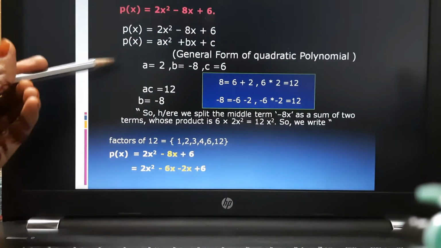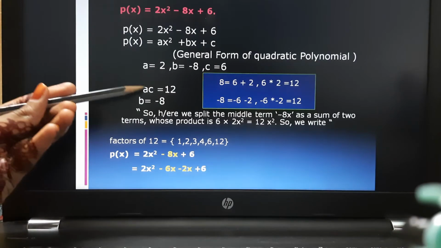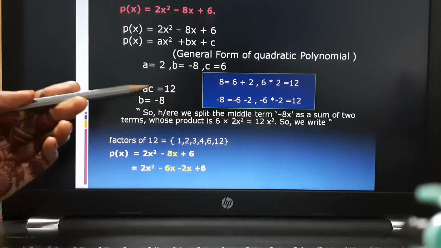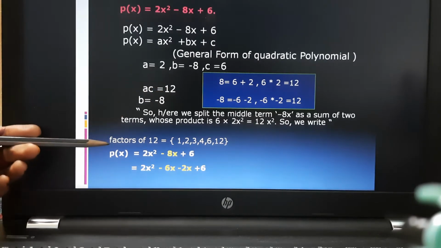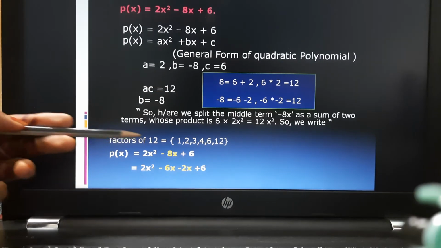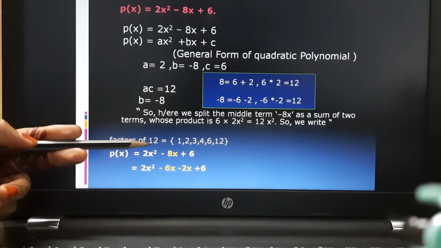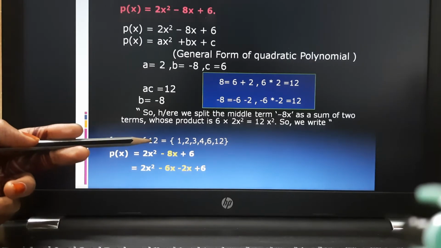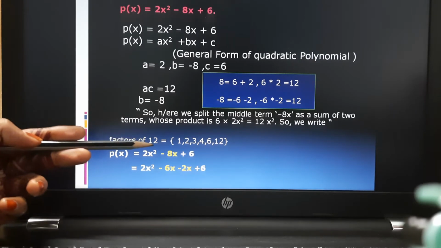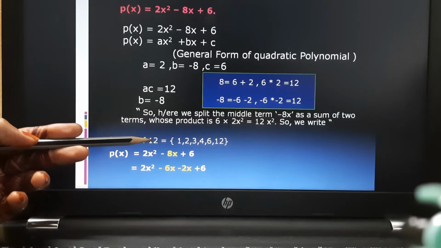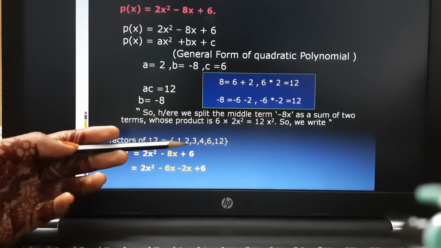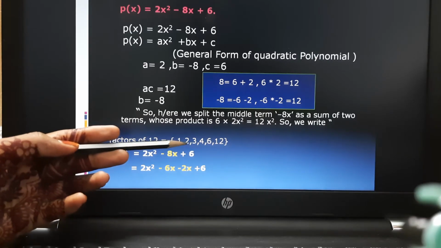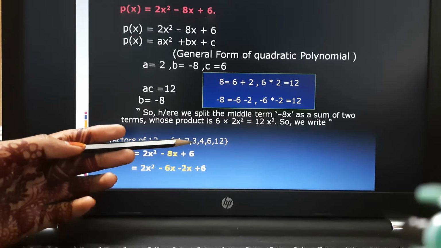First you do a into c, the product of the first and last terms, that is 12, right? First you write the factors of 12. Factors, in simple terms, are the numbers in whose tables this number comes. So 1 into 12 is 12, 2 sixes are 12, 3 fours are 12.